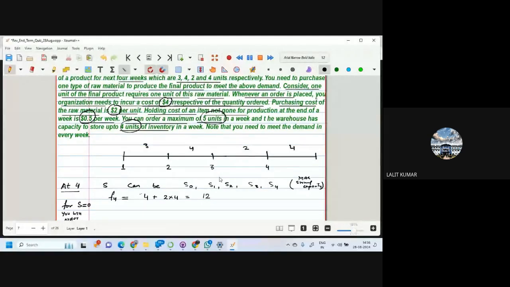And then on the basis of that, we have to solve this Bellman equation: every period, how much will we be ordering? If you see, I have drawn this. These are the periods 1, 2, 3, and 4.